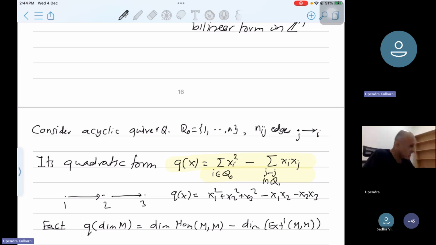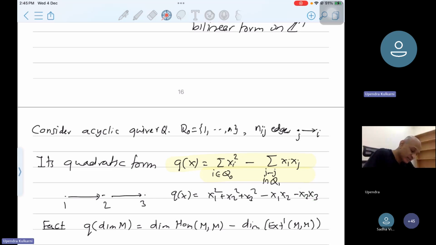These are integers; you can even take them as real numbers if you want. Here it doesn't matter. So for x1, x2, x3, I just add their squares at each vertex: x1 square, x2 square, x3 square. And for every edge, there is an edge between 1 and 2, so I subtract x1x2, and likewise I subtract x2x3.